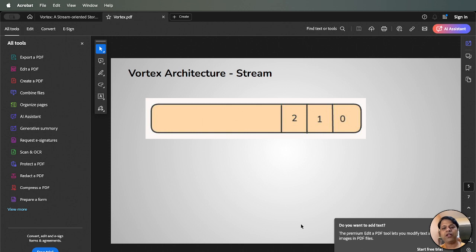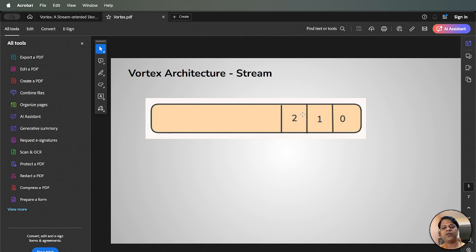So you can think of a stream as a structure that starts from 0, 1, 2, 3. Let's say this is 2, so the next time the client tries to write, it should write at this point. But because this is a distributed system, a client can write in parallel to the same stream, right? So let's say it is 2 now, but new data comes in, 2 more records are added, and it will become 4.